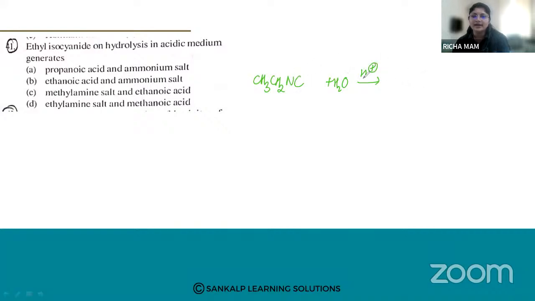You will be adding H2O, so it will be CH3CH2NH2 plus HCOOH. You get an ethylamine salt and methanoic acid. So you get methanoic acid and ethylamine. Option number D.